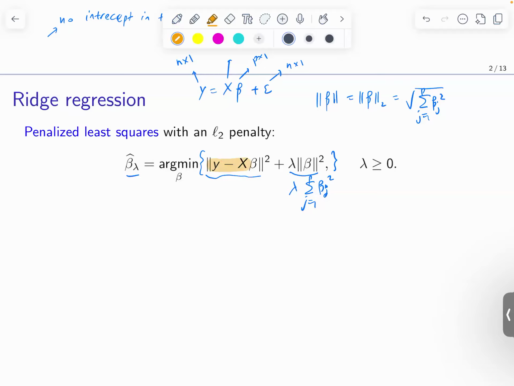Argmin is just saying minimize this function, take the minimizer. So how do I minimize this function? That's the question. Whether it's close to least squares or not depends on how large the lambda is. But I want the exact form, and then we'll figure it out.